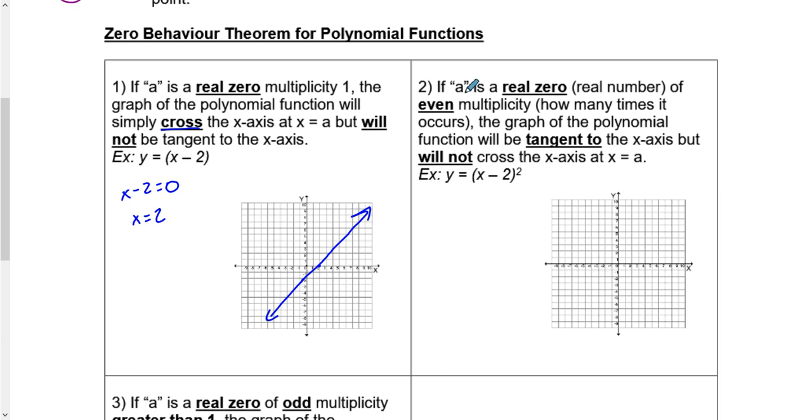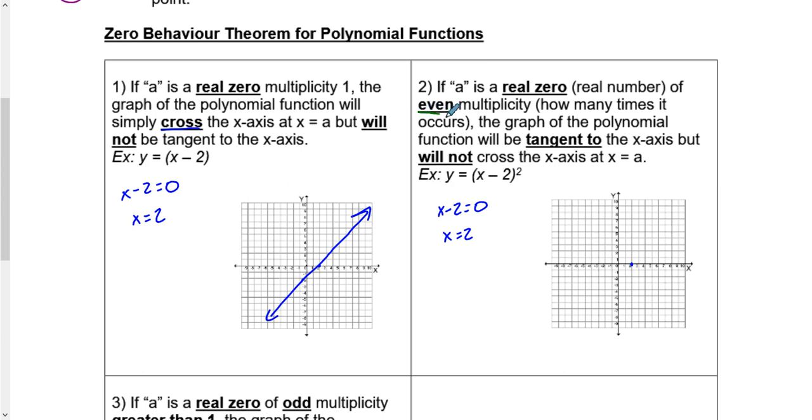If our zero is a real zero of even multiplicity, meaning how many times it occurs, the graph of the polynomial function will be tangent to the x-axis, but it will not cross the x-axis at that point. So we know that x − 2 equals 0 at x = 2.